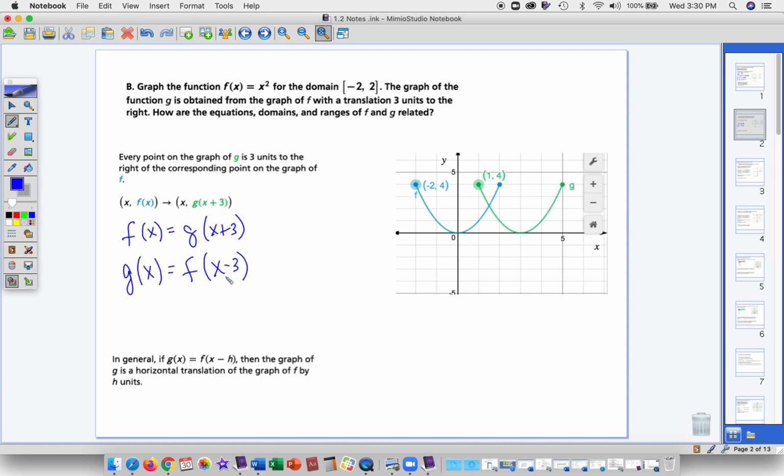And this notation means plug x minus 3 into the f function. Well, the f function is x squared. So I'm going to take that quantity, x minus 3, replace the x in the x squared with that quantity, and I end up with the quantity x minus 3 squared. That is the g of x function.